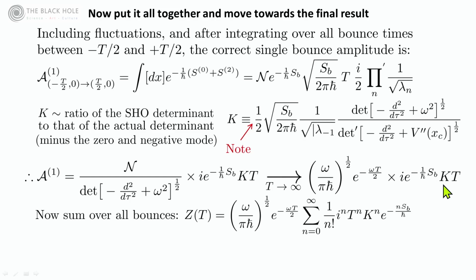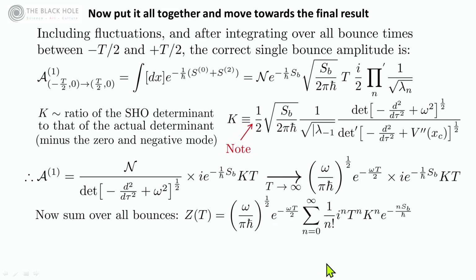But now, unlike the previous case, I can sum over. I don't have to worry about summing over odd numbers or even numbers, because I just want my instanton back at the starting point. So 1 instanton, 2 instantons, 3 instantons, I will just sum over all of them.